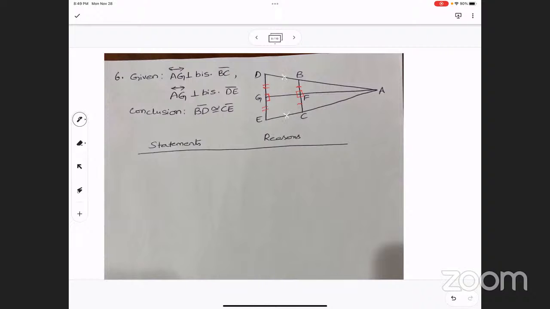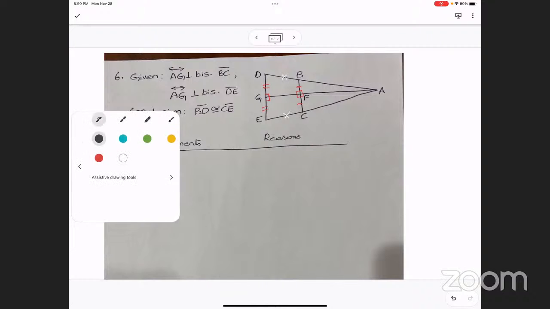Wait, could BC be a mid segment? What's the definition of a mid segment? It says a mid segment of a triangle is a segment connecting the midpoints of two sides. I think that's slightly different.